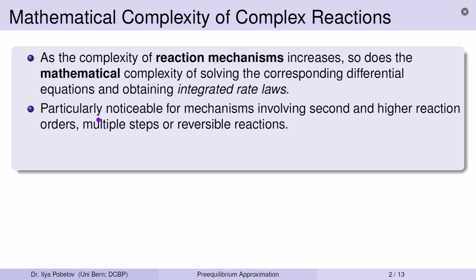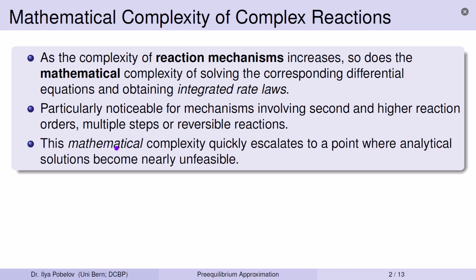This is particularly noticeable when dealing with mechanisms involving second and higher reaction orders, multiple steps, or reversible reactions. This mathematical complexity quickly escalates to a point where analytical solutions become nearly unfeasible.